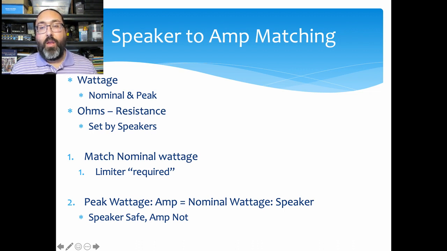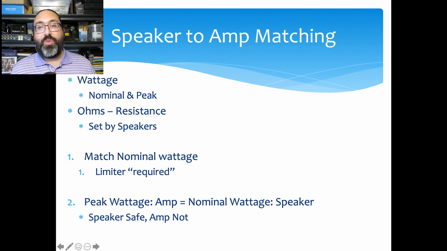So both the speaker and the amplifier will have a wattage listed on their spec sheet. They'll have a nominal wattage, which is the wattage that they are expected to be run consistently over a long period of time, and a peak wattage, which is the most wattage that you can expect that amp or that speaker to ever be able to run.